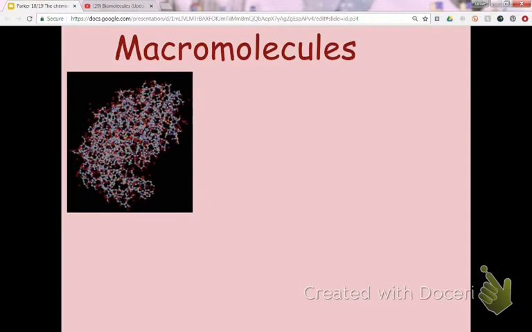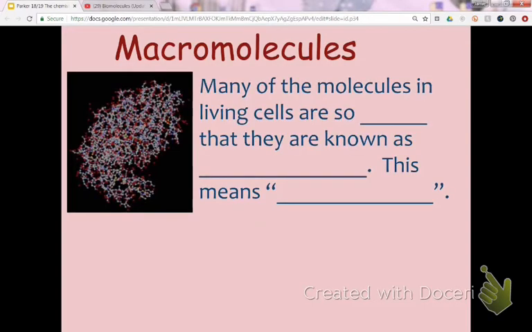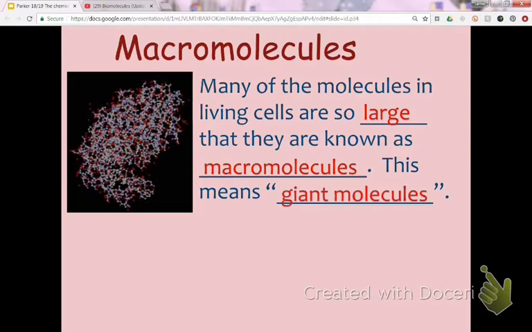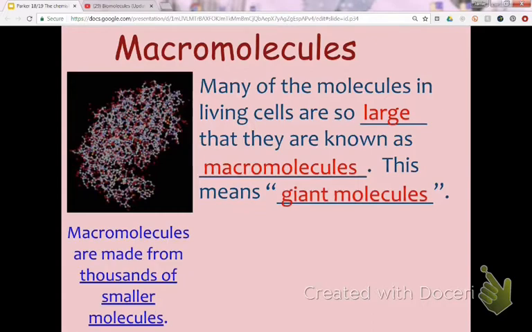So macromolecules. Many of the molecules in living cells are so large that they are known as macromolecules. Macro essentially means giant, so a macromolecule is a giant molecule. Macromolecules are made from thousands of smaller molecules.